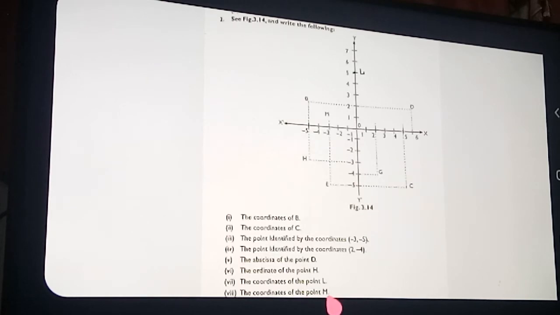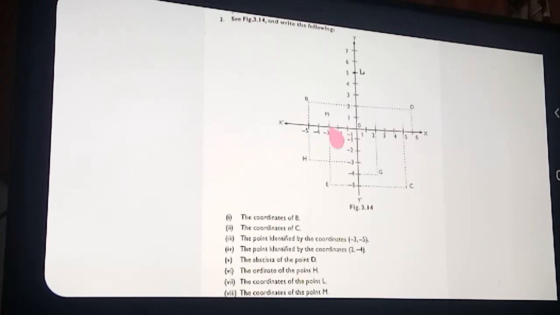The coordinates of the point M. Where is M written? See, find out. This is the point M. Which number is marked there for M? -3. This point M lies on which axis? It lies exactly on the x-axis. So on the x-axis, what about the coordinates? The y coordinate is always 0.